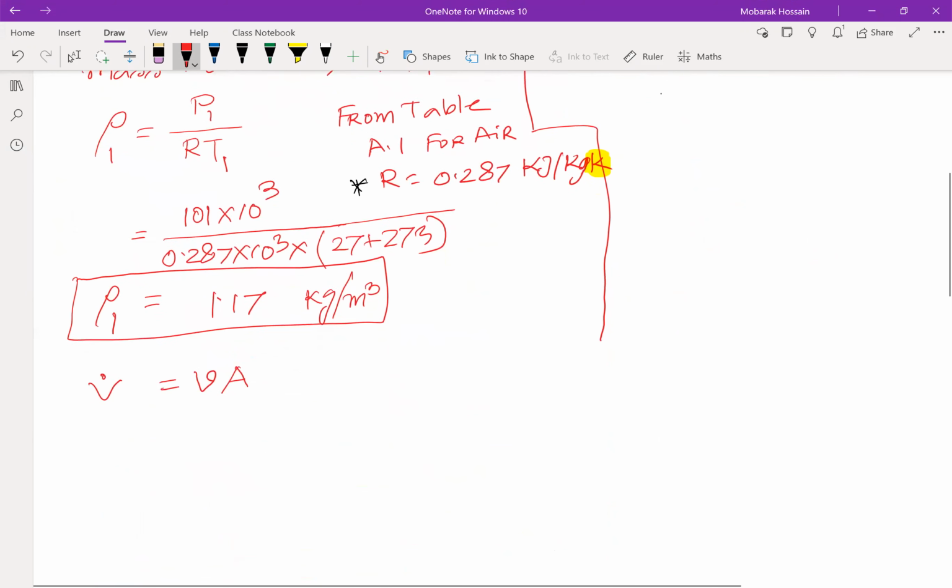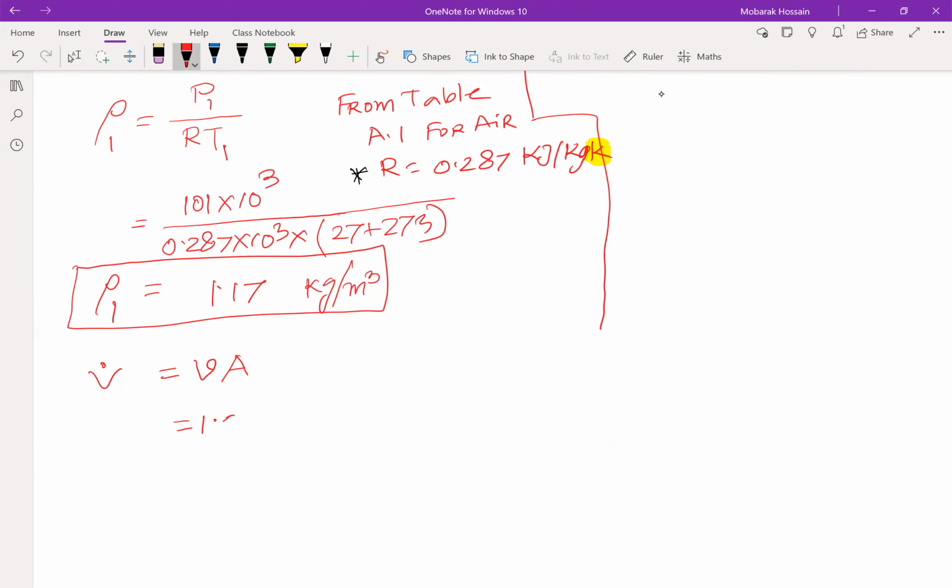So 1.5 meters per second velocity, and area is pi over 4 diameter squared, with diameter 2 meters. So the volume flow rate at location 1 is 4.71 meter cube per second.